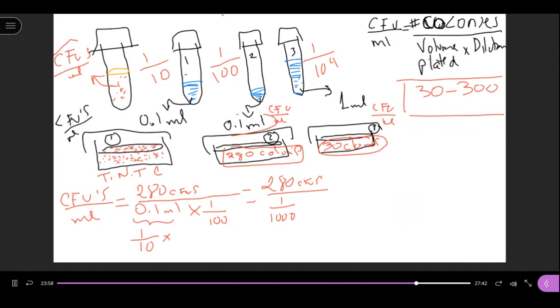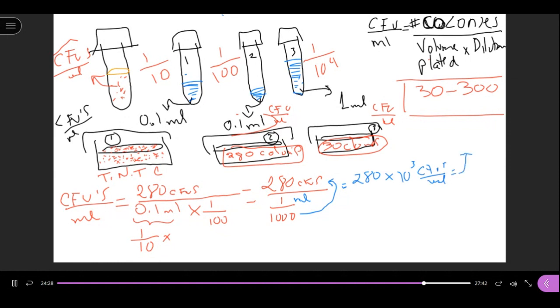So what you're looking at here is essentially the division of 2 fractions. So you're dividing a fraction, 280 CFUs over 1, by the fraction 1 mil over 1,000. So you essentially multiply the denominator of the second fraction against the numerator of the first fraction.